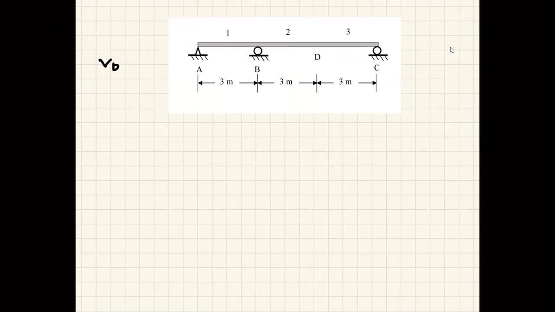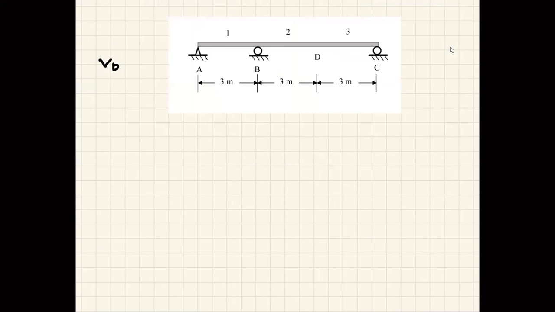Okay, so let's go. When you can have VD, you can have VD when you cut the free body diagram at D, correct?